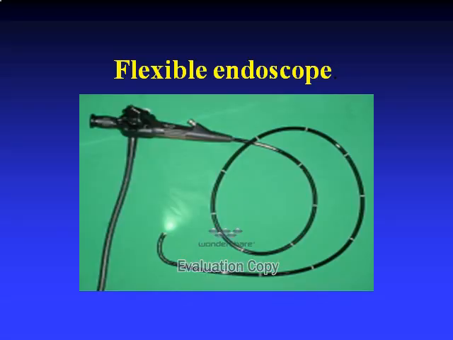This is the other type of endoscope called flexible endoscope. This flexible endoscope can be used for flexible endoscopic nasal examination, also endoscopic examination of the pharynx and larynx, or even the upper GIT, esophagus and stomach.